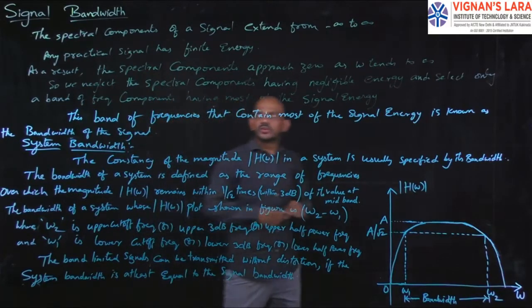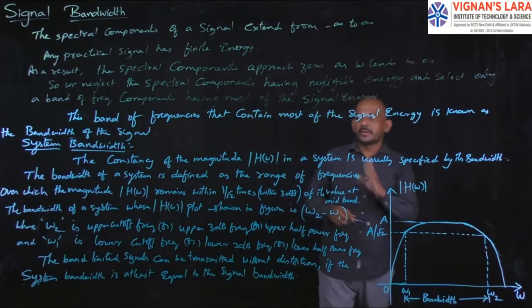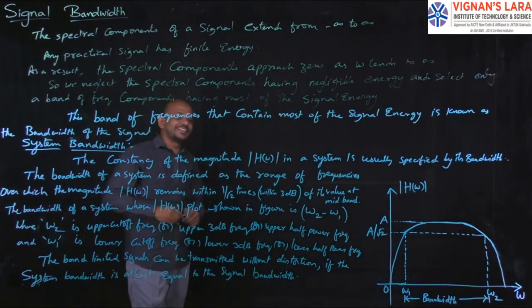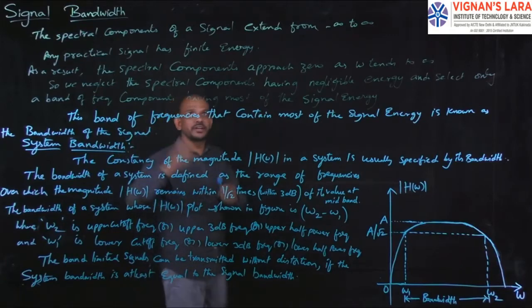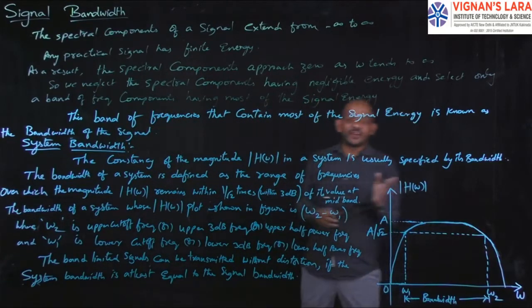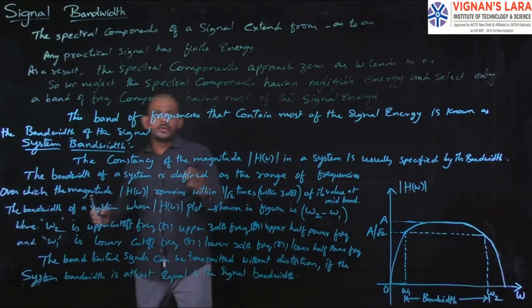To know the concept of signal bandwidth, first we will start with the spectral components of a signal. We all know that the spectral components of a signal, the frequency components in the frequency domain, extend from minus infinity to plus infinity.